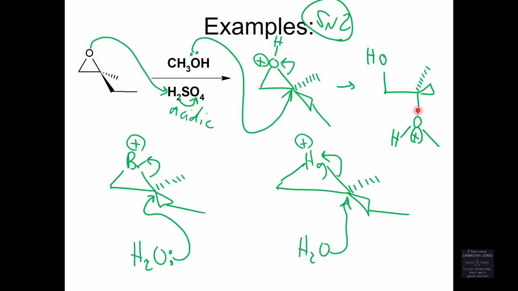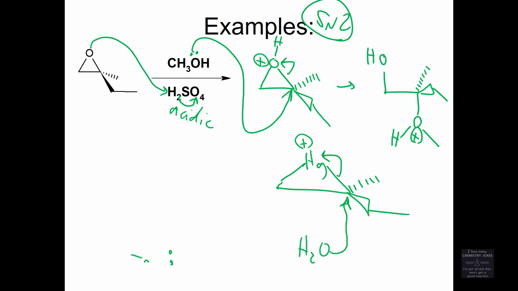My methanol I'm showing in the plane pointed down. Letting go of my leaving group pointed up. Incoming nucleophile pointed down. That already shows me inversion. So that means that my ethyl stays wedged and my methyl stays dashed. I will say more about that with R's and S's in one moment.